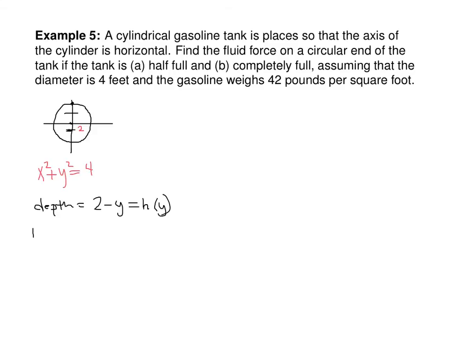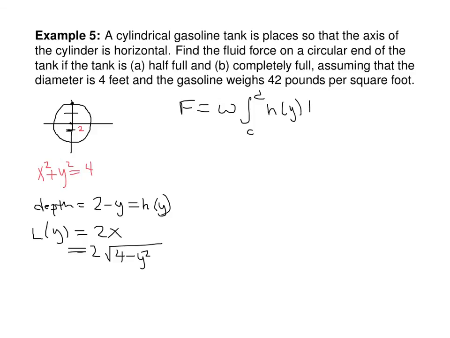Now the length is very similar to the previous example. L of y is once again 2x, or twice the root of 4 minus y squared. When we compute our force, we use the same equation, weight density times the integral from c to d of h of y times L of y dy.